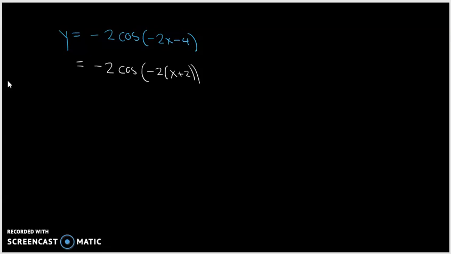Then I would use the fact that the cosine of -u equals the cosine of u. So this equals -2 cosine of 2 times x plus 2. These are one and the same. This is the same as the original, and it just gets rid of our negatives.